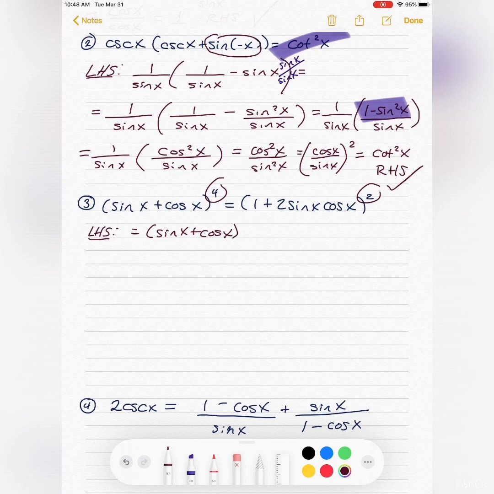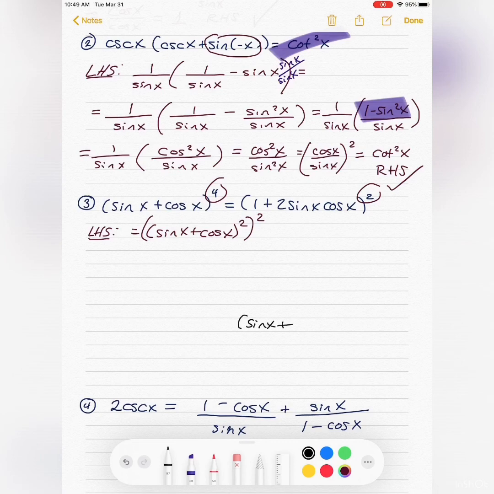let's see, isn't that sine x plus cosine x squared, squared again? I'm just thinking of a way to get that second power from that fourth power. So what if I take that left-hand side and instead of power 4, I think of that as a squared squared? Okay, well, let me come off to the side here, side work.